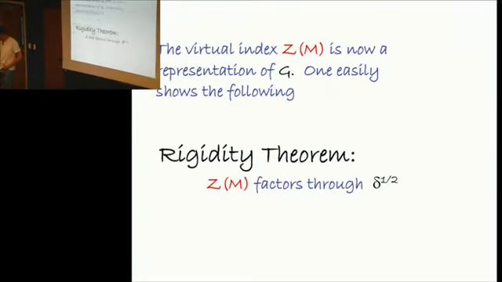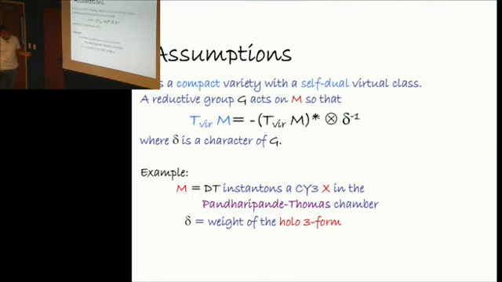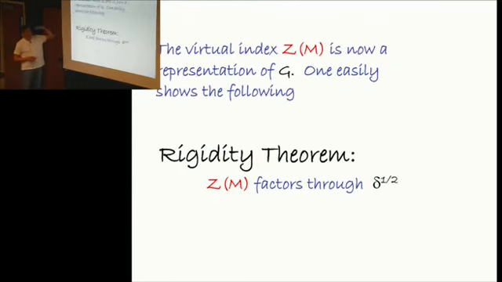So from this assumption, this virtual index is now a representation of the group, and there's a very simple rigidity, for those of you who know the old story about rigidity. The classical story is that something is just a trivial representation of the group.